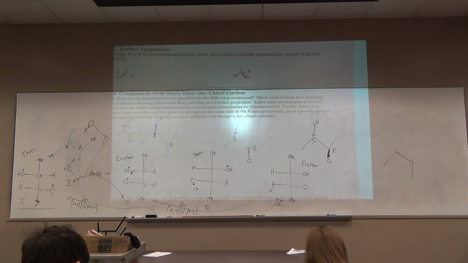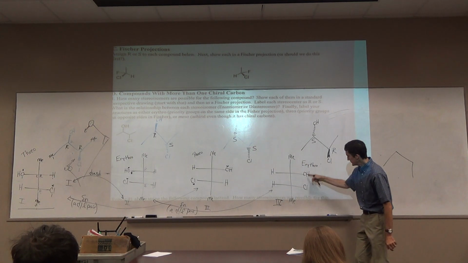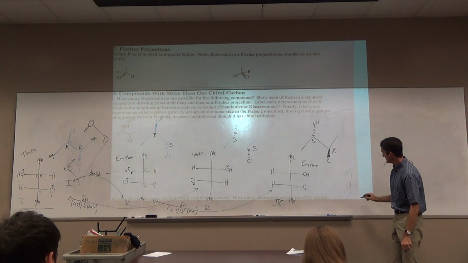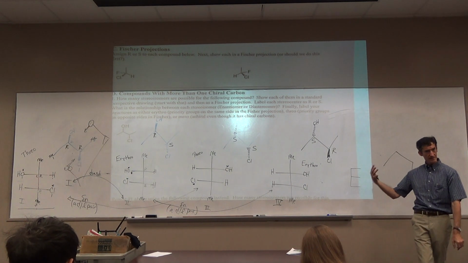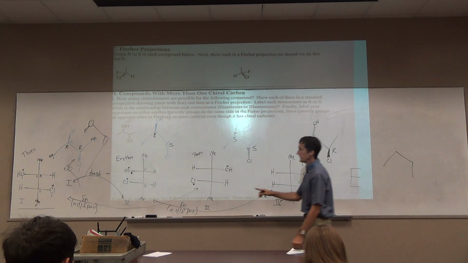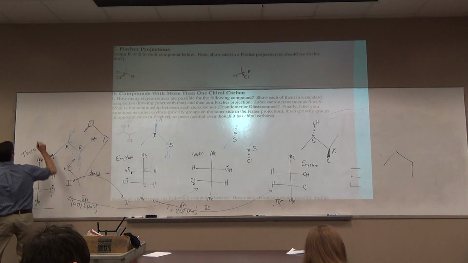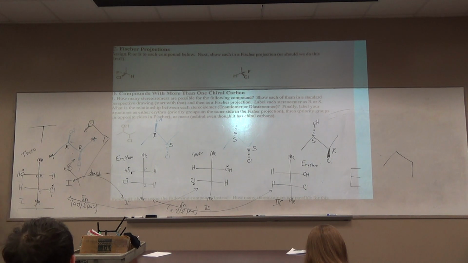How do I remember that? How can you remember that? The high priority groups are on the same side. It's like a capital E. You got your vertical line, and then you got those on the same side. But with threo, when you do a T, you put one line on one side, and you put the other line on the other side to make your T. You gotta be careful.